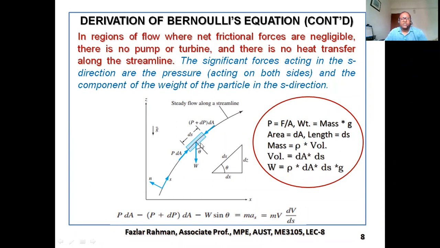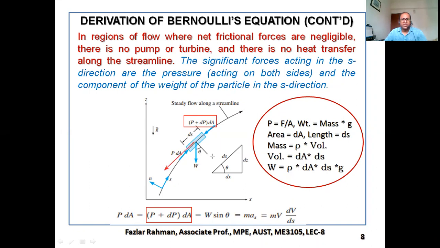So along the streamline, on the left side, we have positive P into dA. The force (P + dP) into dA is working downward, opposite to the streamline, so negative sign for this term.